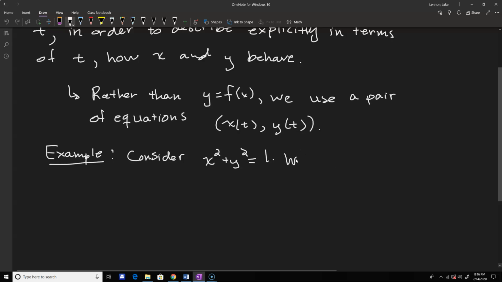What we want to do is write a set of parametric equations to describe the same curve.